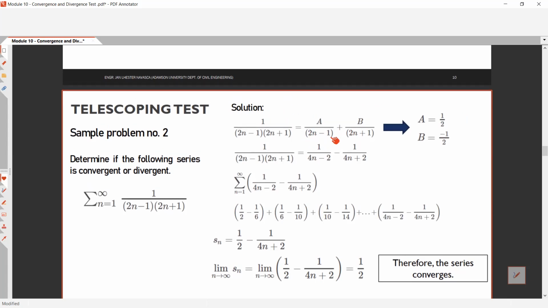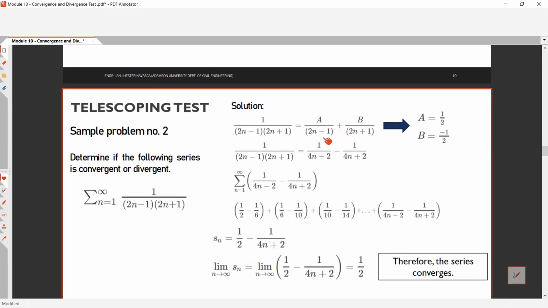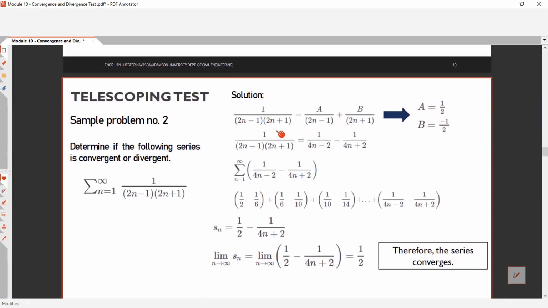Okay, so that is a equals 1/2? If a is equal to 1/2, substitute mo dito yung a equals 1/2. So 1 over 2 times 1/2 plus 1.